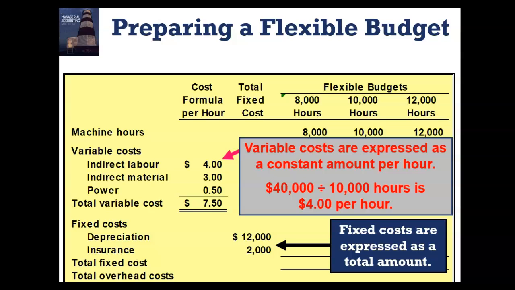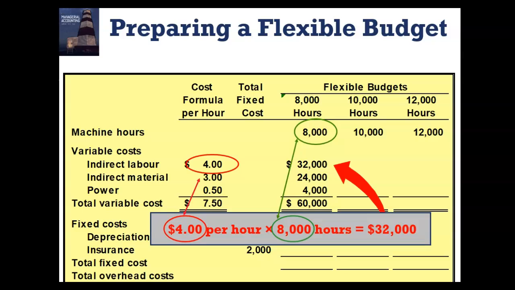So our variable costs are expressed as a constant amount per hour. 40,000 was our indirect labor costs. We know we had 10,000 hours, so we divide the total by the hours and we get $4 an hour, and so on. So we broke down our variable costs on a per unit or per hour basis. The fixed costs are expressed as a total amount because that's the fixed cost, and it doesn't matter how many units or hours we have in production. That's the cost, and we can't really do anything about it. Well, we can, but not right now.